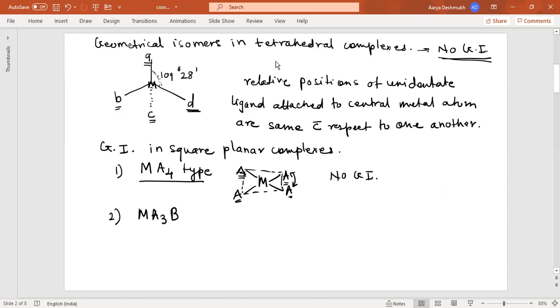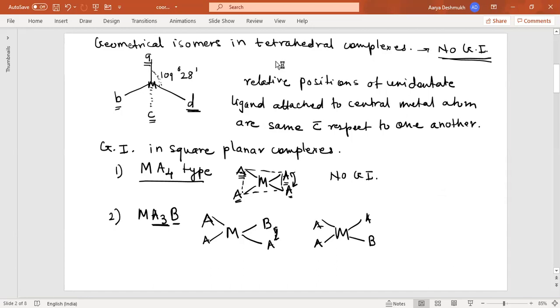Next, second, Ma3b means three ligands are of the same type and one ligand is of another type. You can draw the structure like this, with three A type ligands and one B. I can also write it another way, with A, A and A here and B here, where I just interchange the positions.